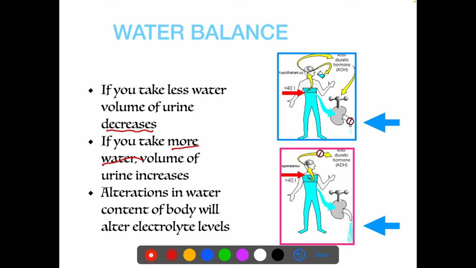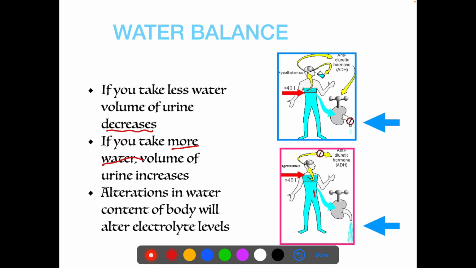The amount of water in our body is controlled by the kidney. If we take less water, less urine. If we take more water, more urine. That way, the water content of our body will remain the same. Always remember all these solutes and electrolytes are dissolved in water.